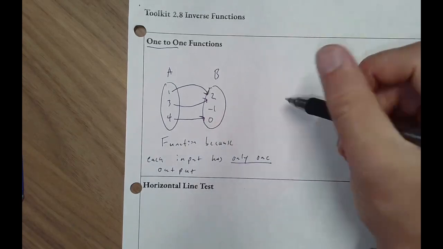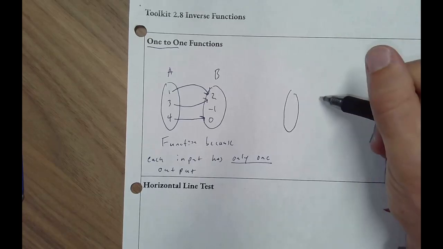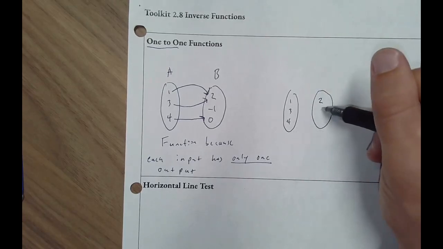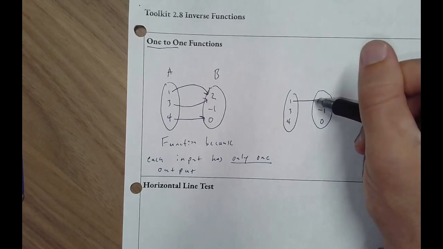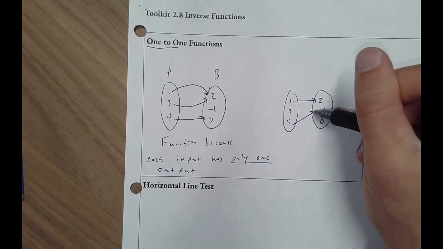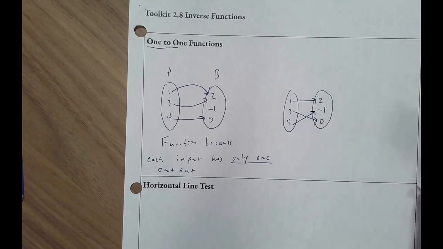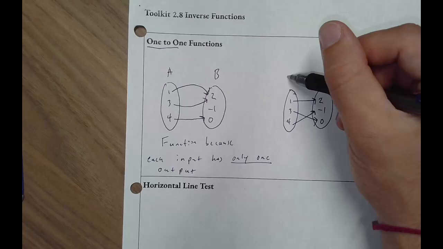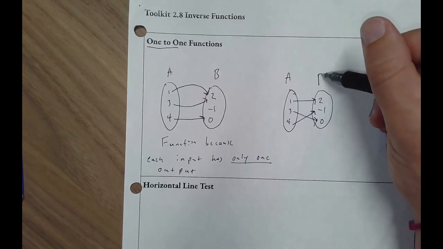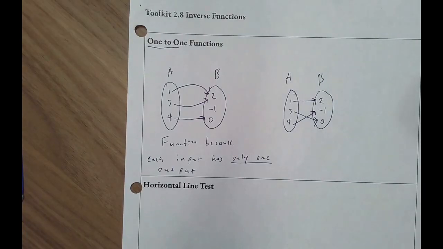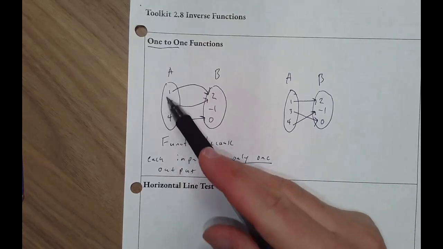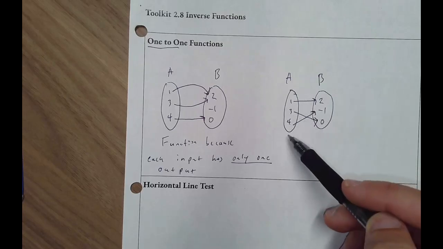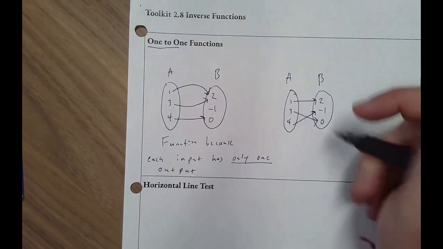Okay, so let me give you an example of what could be one-to-one. One-to-one might be something very, very similar. We can have the same 1, 3, 4, 2, -1, 0. But this time, they do not go to the same output. Each input has a unique output. Okay, you see the difference? So here, both 1 and 3 went to 2, had an output of 2, but here every input has a unique output.